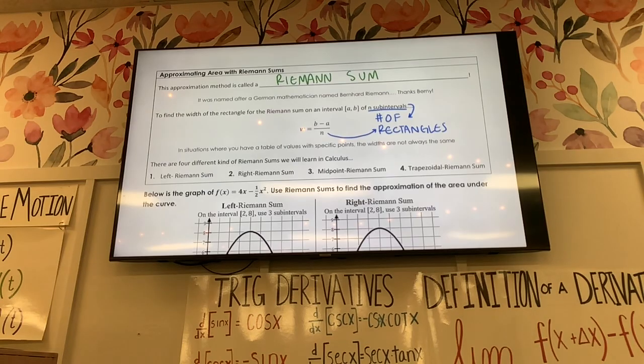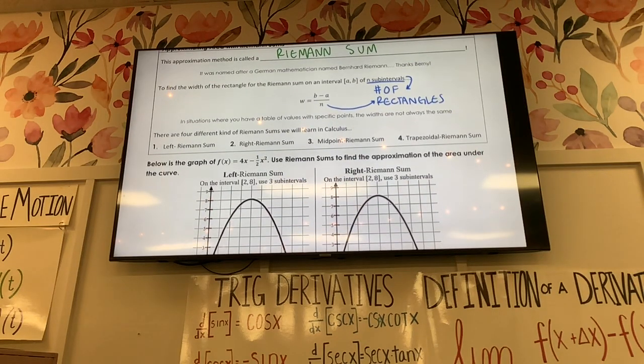B minus A is your starting and ending point. So if I want to take the interval from 5 to 8, you would have 8 minus 5 divided by however many subintervals I have. And that would give me the width of each of my rectangles.